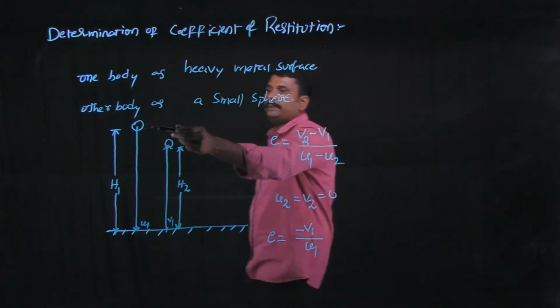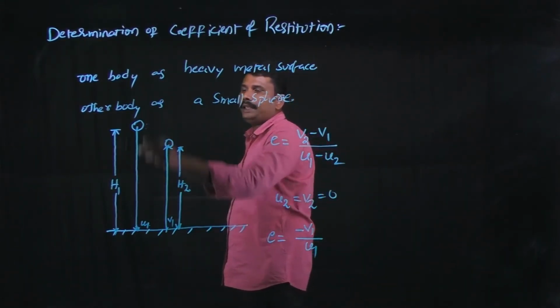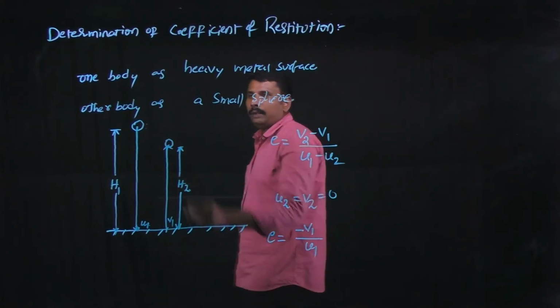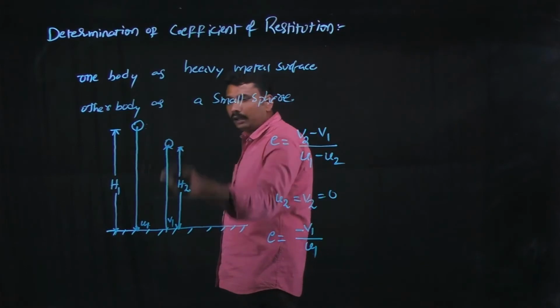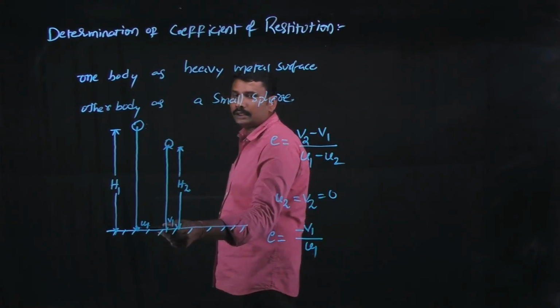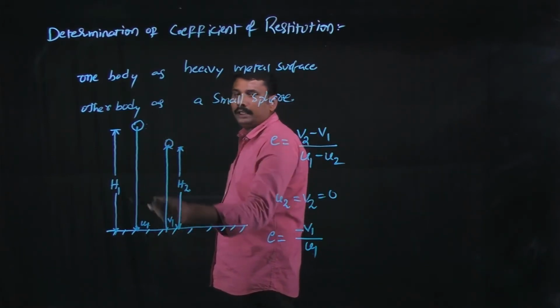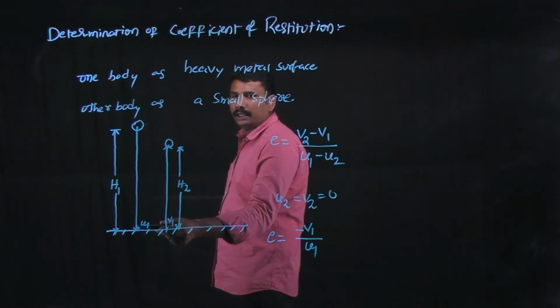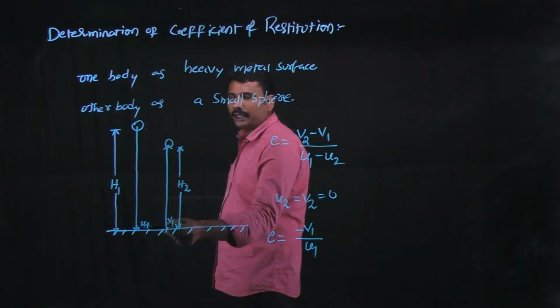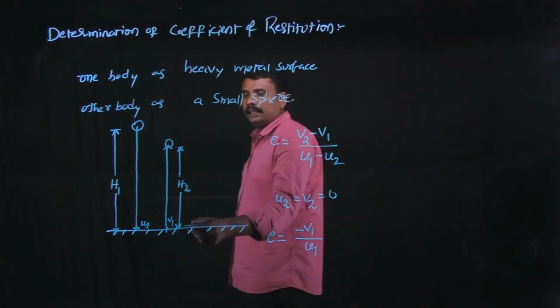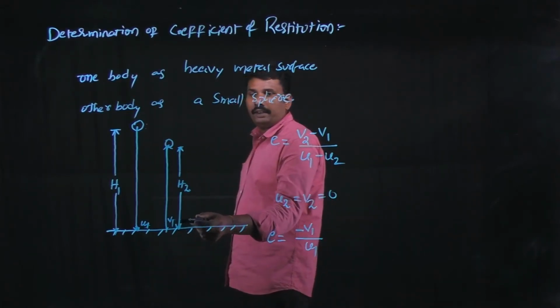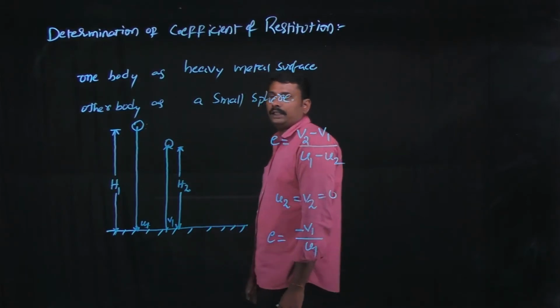The small sphere is dropped from a height h1. Dropping means initially its velocity is 0, but just before hitting the metal surface it has some velocity u1. After hitting the metal surface it has the velocity v1.